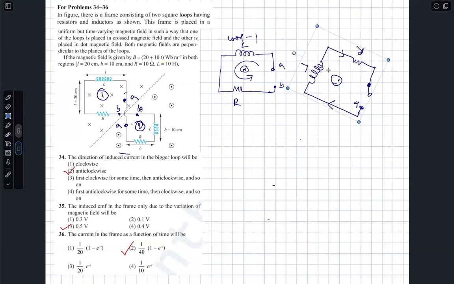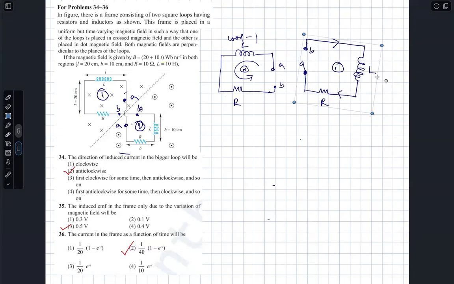I can invert it, that's all, but I cannot flip this. Right? No issues. So therefore, in both the cases, the current direction is the same.